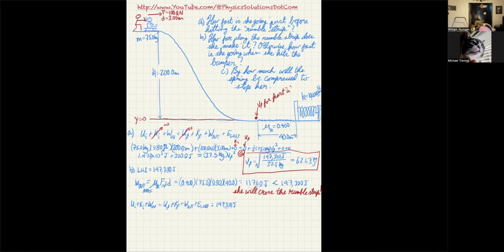And what I'm going to do now is I'm going to say equals 0 for the potential energy plus 37.5 times V final squared plus now I'm going to put in the E loss, and of course the E loss was the work out maximum that I did a second ago. In this case, it's going to be 11,760 joules.